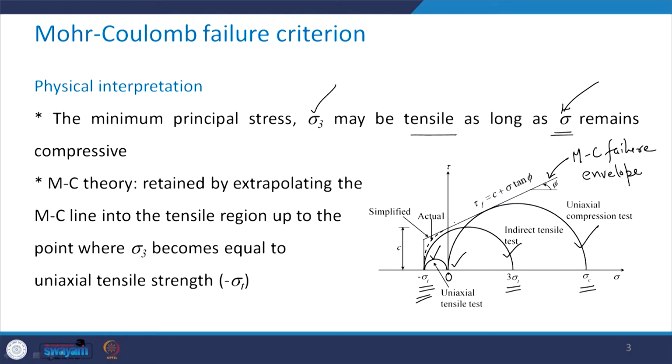This was extrapolated in this direction in the tensile region, and then we put a cutoff here at this sigma 3 value. This is how the Mohr Coulomb failure envelope was extrapolated in the tensile region.